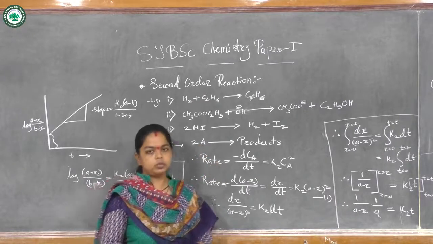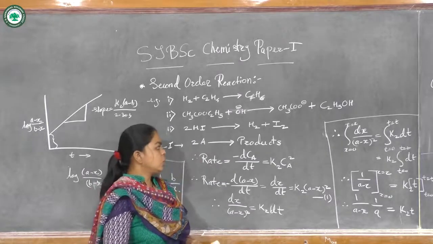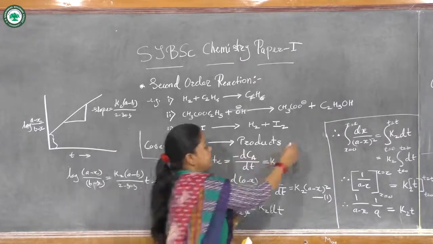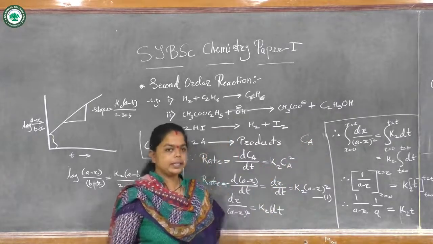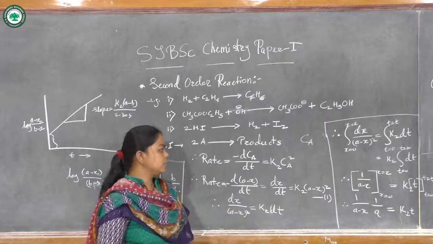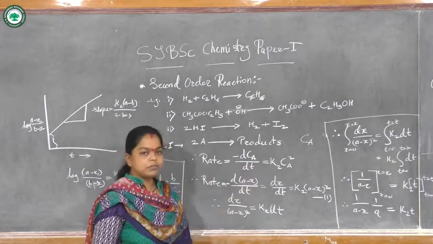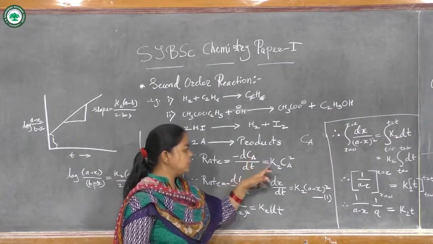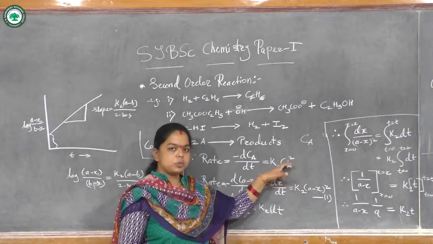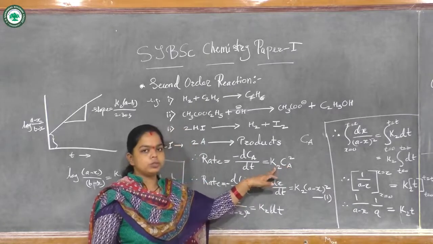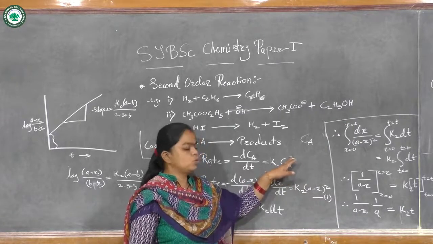According to the law of mass action, if the concentration of reactant A is Ca at time t, then we can write the rate equals minus dCA upon dt equals K2, the proportionality constant, the second order rate constant, into Ca raised to 2.